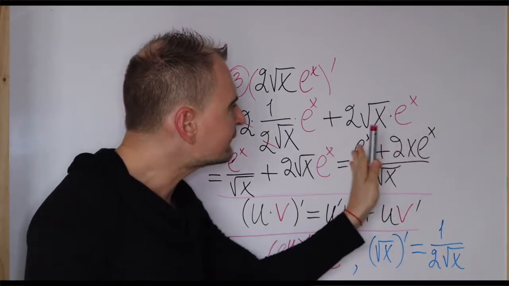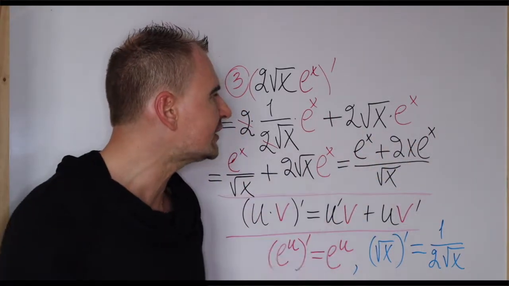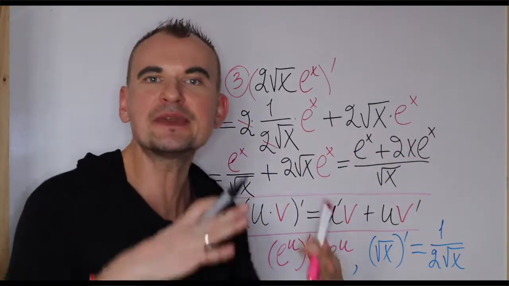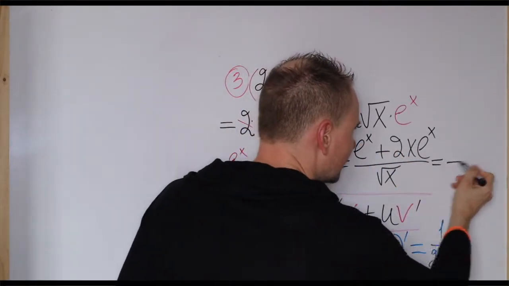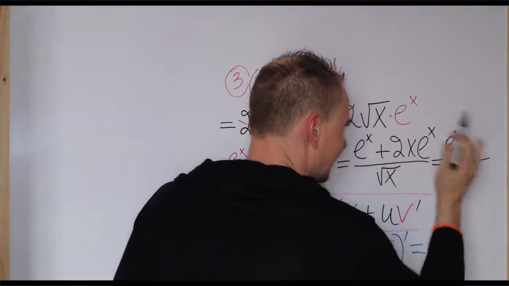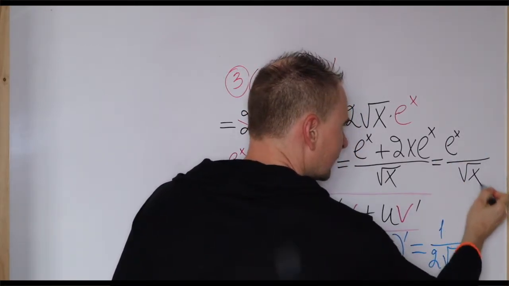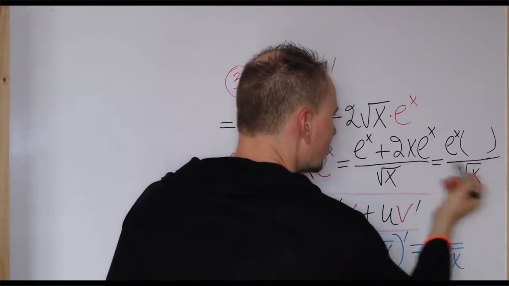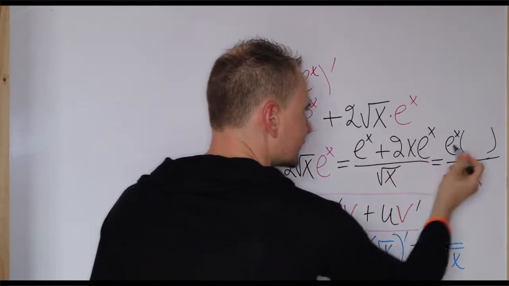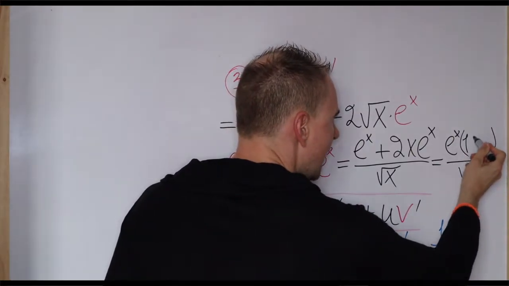Look at your top, you have 2 terms being added and you have the e to the x term. It appears in both terms. We could simply pull it out. So e to the x, this is the final step. Square root of x remains the same. So parentheses and then what goes inside. Instead of the first term, you are left with just 1.